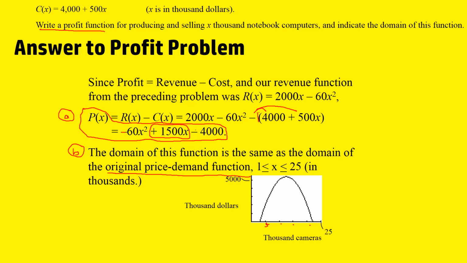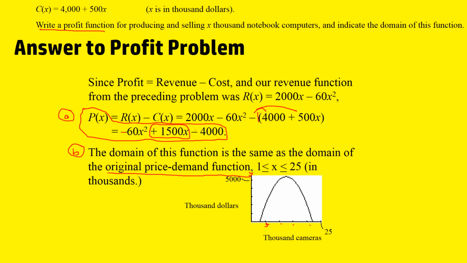That's the answer to part A. Part B, find the domain, indicate a domain. Okay. Domain of this function is the same as the domain of the original price demand function. X is between 1 and 25 in thousands.